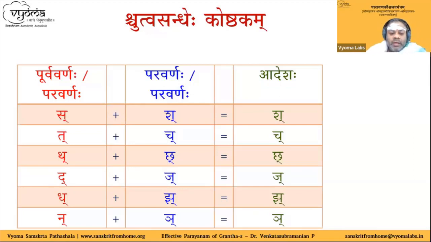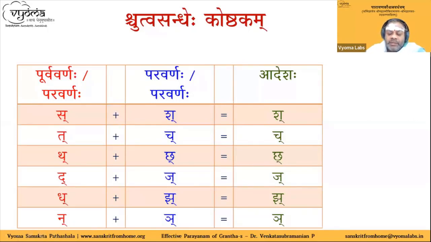The next point in the table that we have to understand is that the Sthani is Sakara Tavarga only. It is not Purva or Para. So that is why this Sakara Tavarga can be in Purva also and Para also. That is why in the top of the table, we have written Purva Varna or Para Varna. It can be in the Purva or in the Para, but it is the one which gets replaced. This is the first point you have to remember.